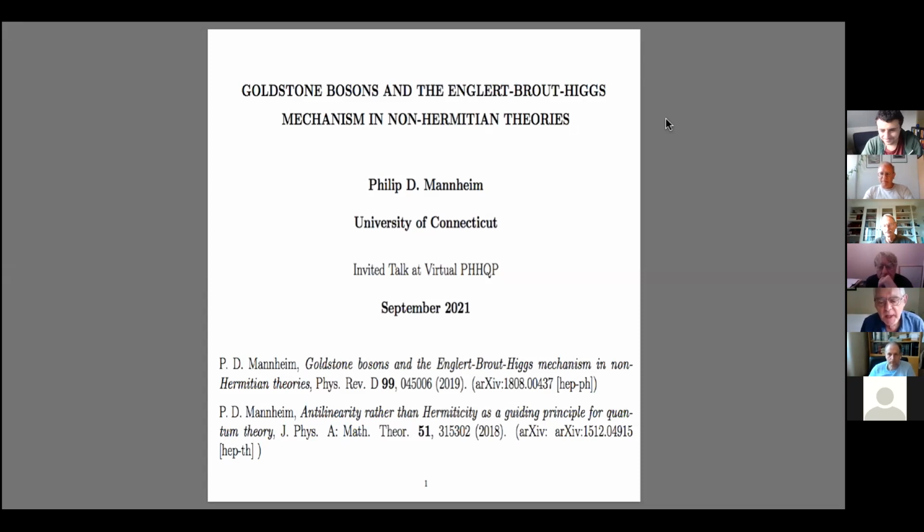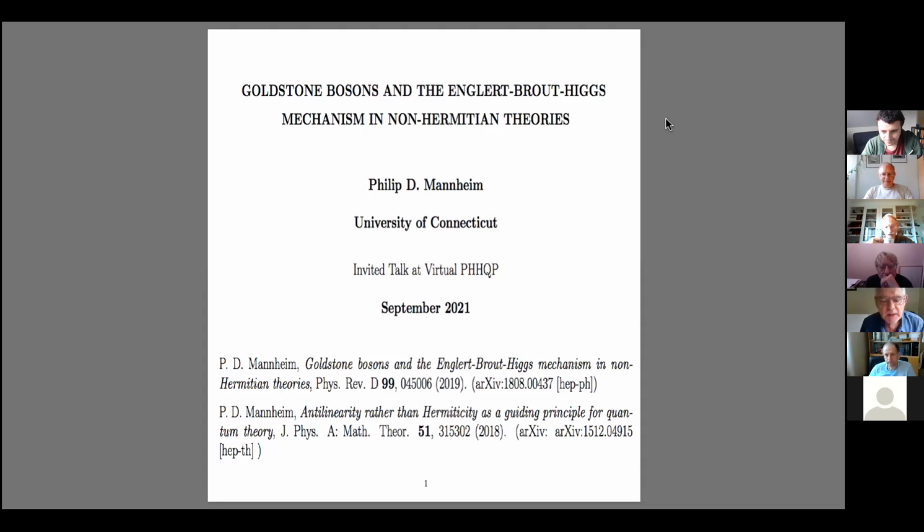The original paper on how gauge bosons become massive through a Goldstone boson was written by Englert-Brout. It was followed up by a paper by Higgs, and then a few months later there was a paper by Hagen, Guralnik, Hollen, and Kibble, in which they derived the general theory.